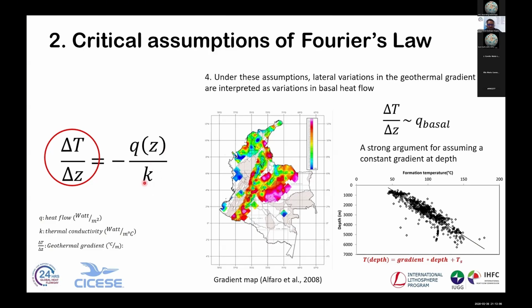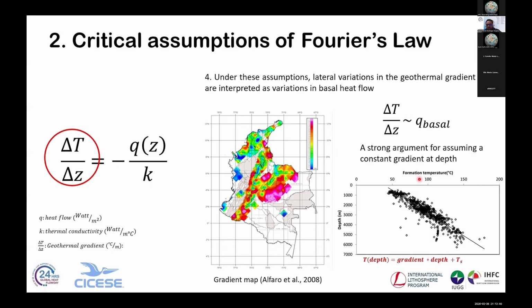If we consider that thermal conductivity is homogeneous and that heat flow must remain equal in value, it means that there are no heat sources within our basin. So we can use the geothermal gradient as an indirect estimation of the variation of heat flow from the basement.